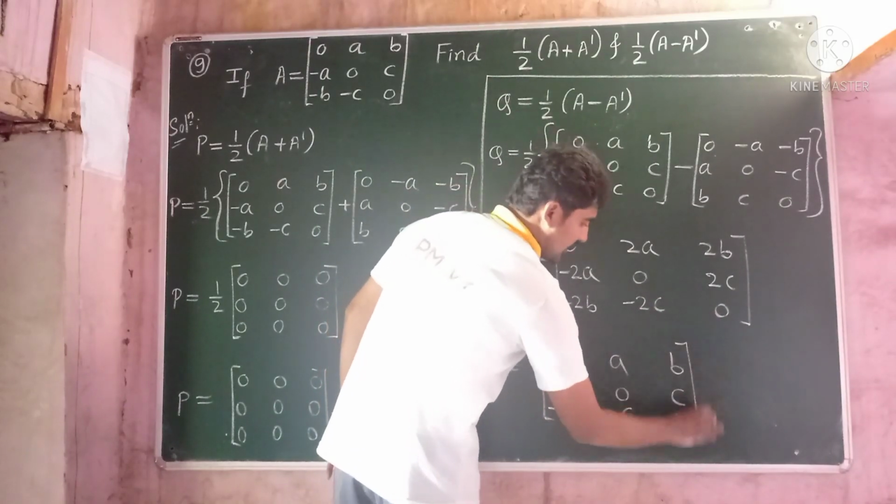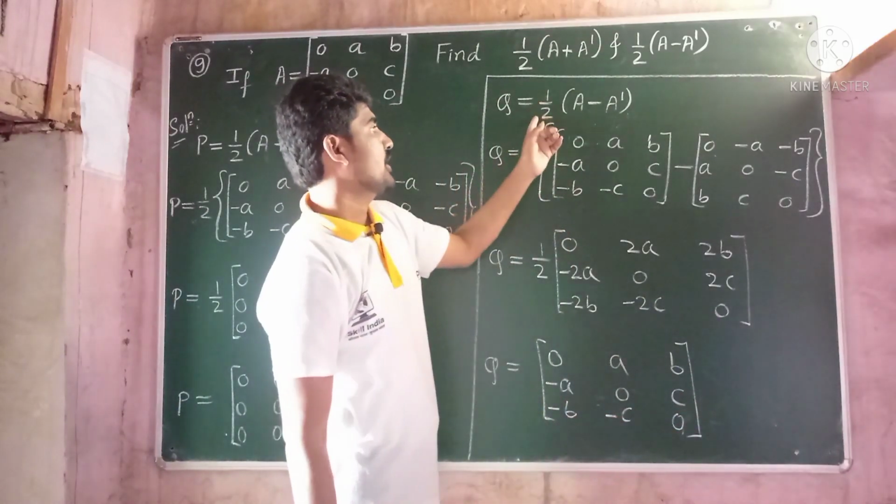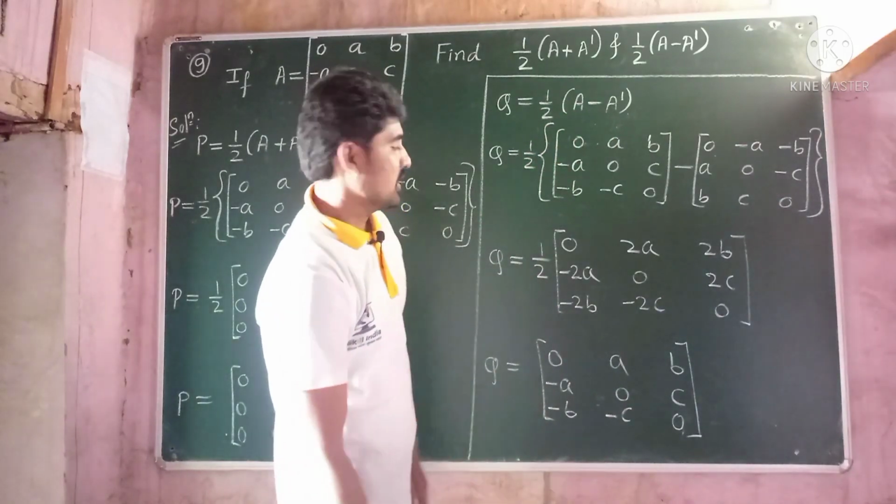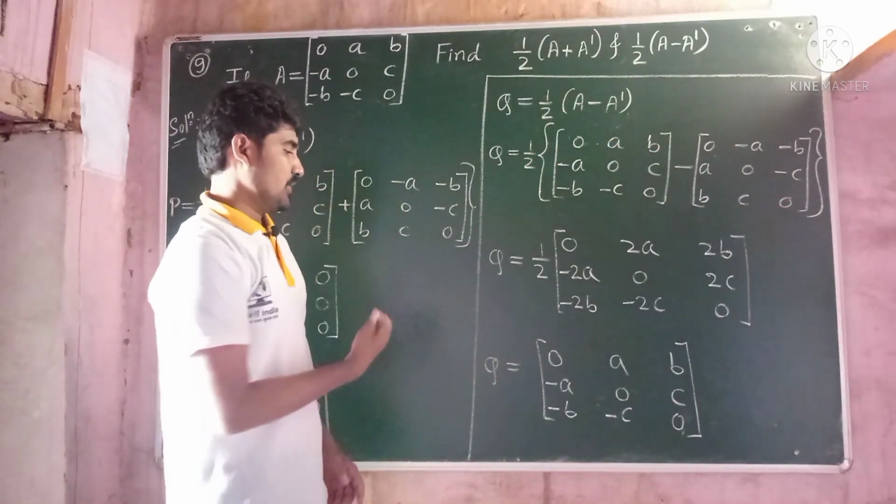Therefore, this is the required 1 by 2 into A minus A dash matrix. I hope all of you understood. If possible, take a note.